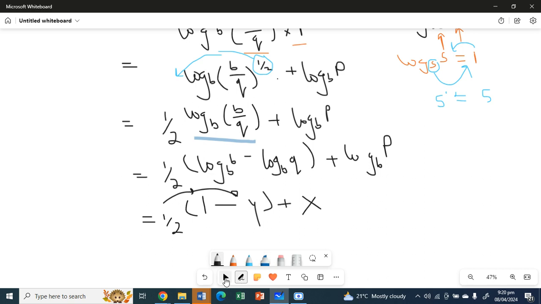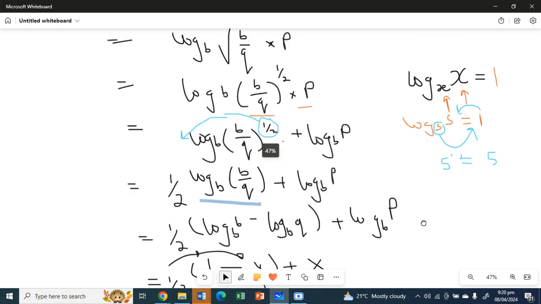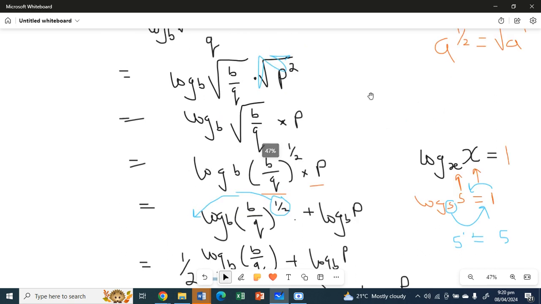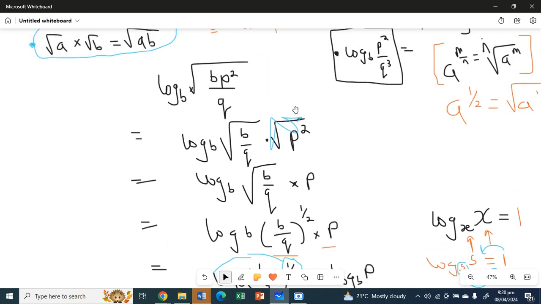So maybe let's just go through the steps again so that we fully digest what has happened here. First things first, we need to get rid of the radical or the root. And also, we need to separate the variables.